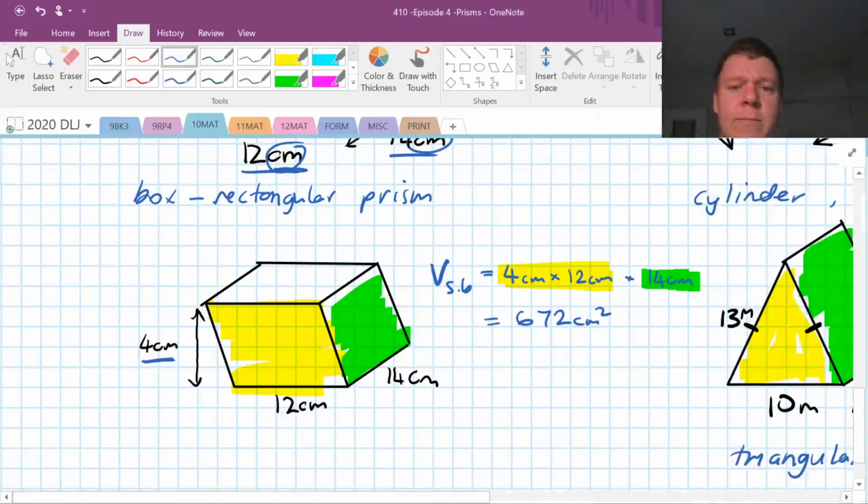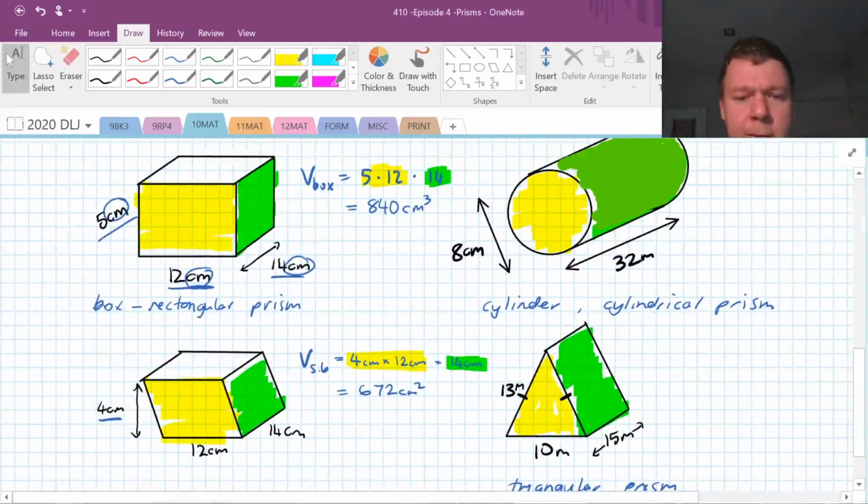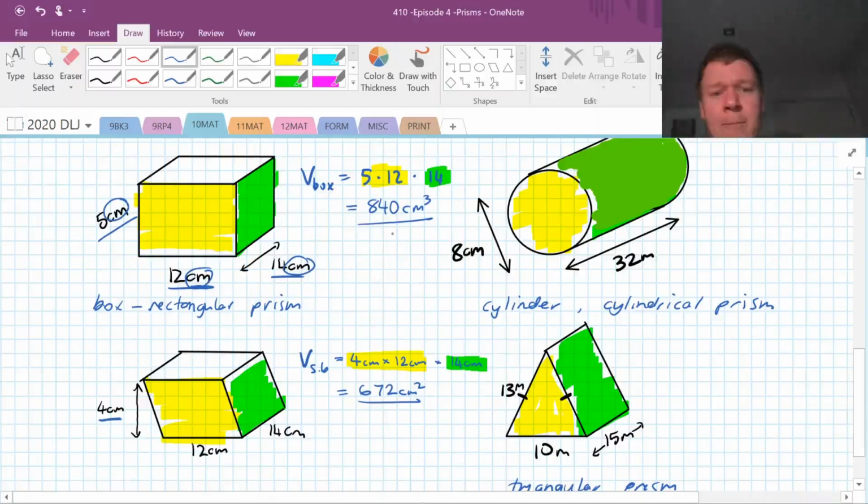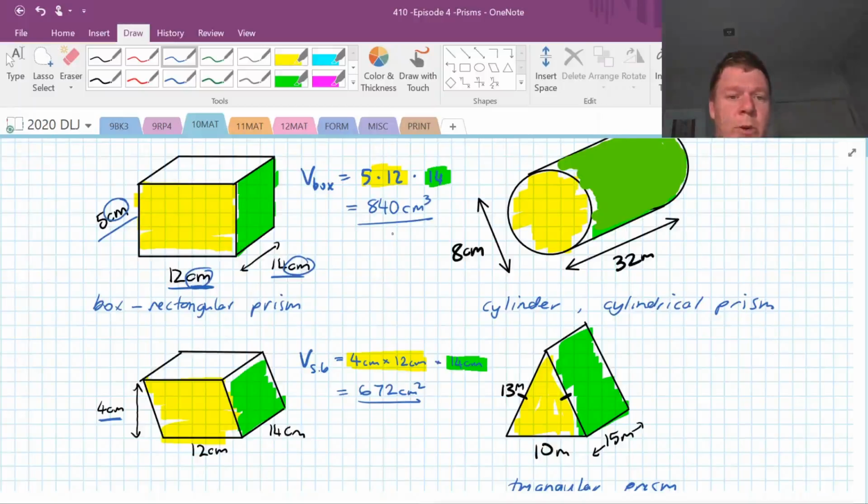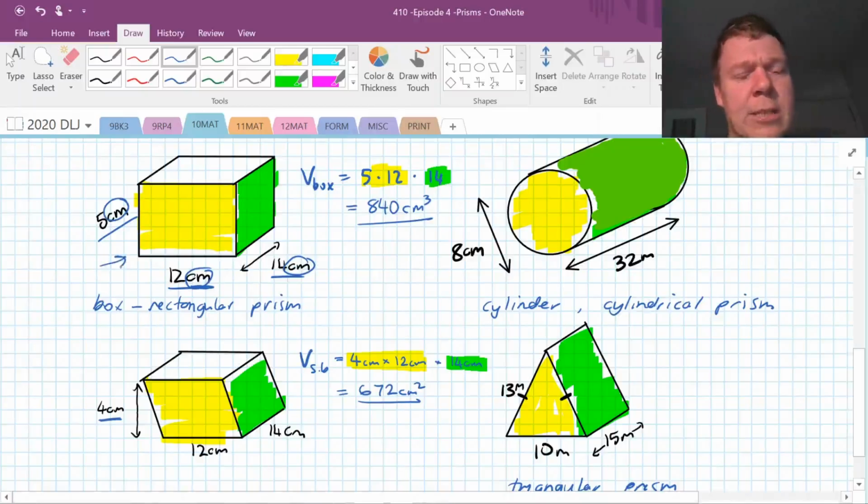So you can see that the shape of a box, even though it's got the same lengths on each side, if you were to squash it, it would reduce the volume. So basically, a rectangular box is the most efficient use of the volume.